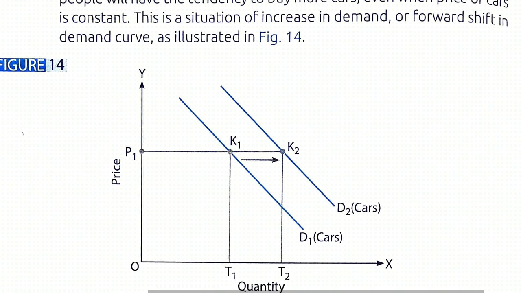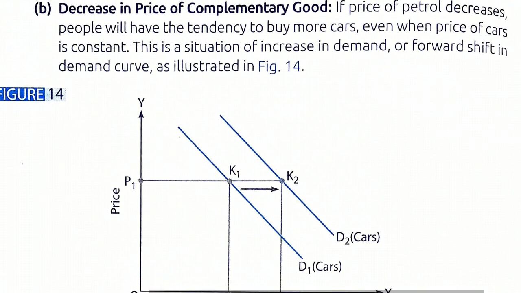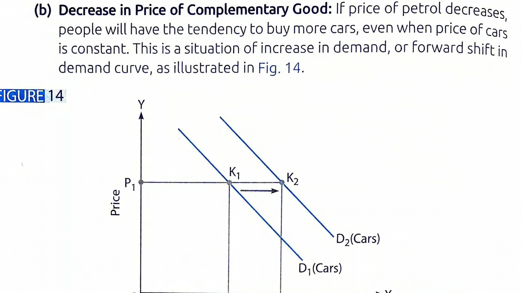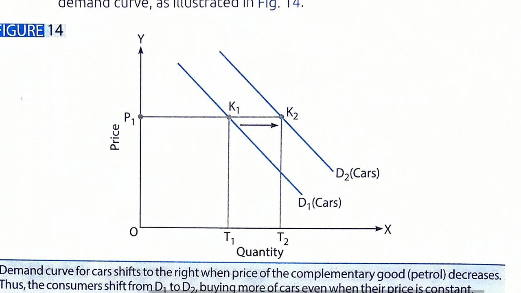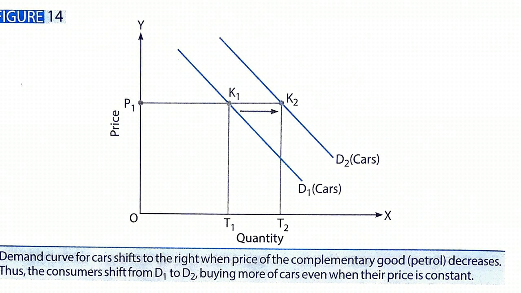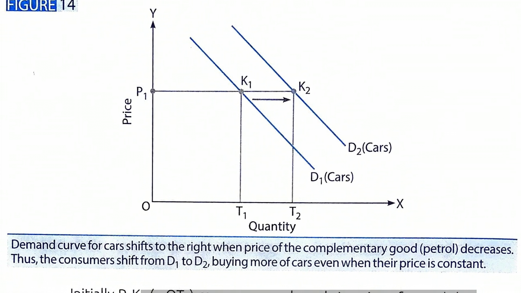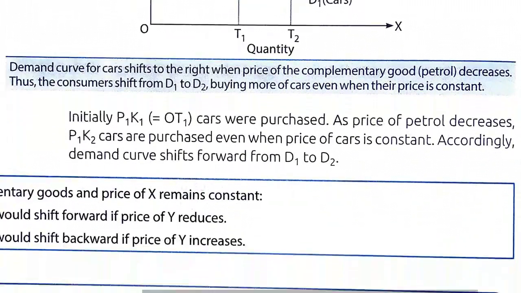It was happening 5 or 6 years ago, when there was a sudden rise in demand for diesel cars, because compared to petrol the price of diesel was much less. In that case, you can see the demand for cars will increase even at the same price, only because the price of fuel is decreasing, so people can now purchase cars.